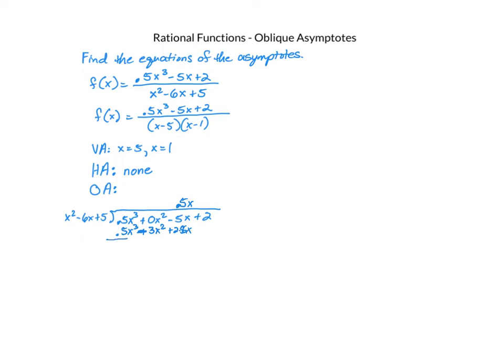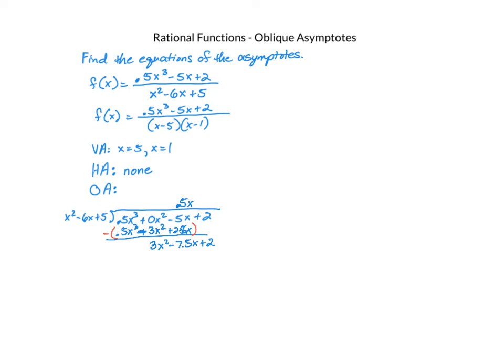Isn't this good for us to do these decimals? And then we're going to subtract. So our 0.5x cubed minus 0.5x cubed is gone. We have 0x squared minus negative 3x squared. That is positive 3x squared. We have negative 5x minus 2.5x. That's negative 7.5x. Sorry, that looked a little bit sloppy there. And then we're going to bring down our 2 and keep going.